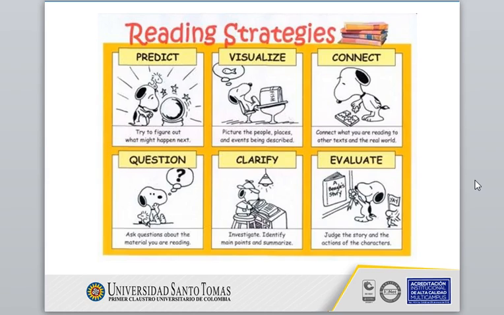Okay, you will be trying to figure out what might happen next. You are going to picture the people and places in the story. You will make connections. You will ask questions about what you're reading, right? You will investigate and even judge the stories or the characters involved, right?